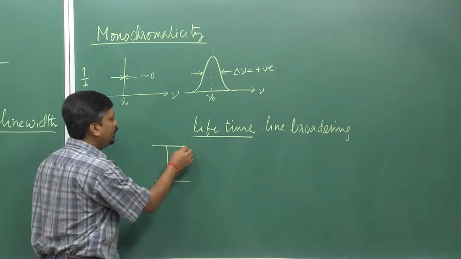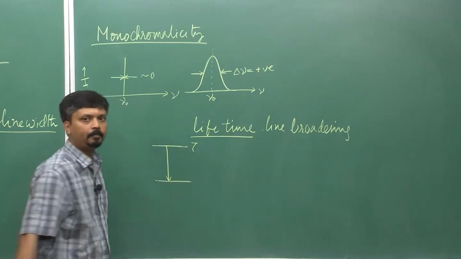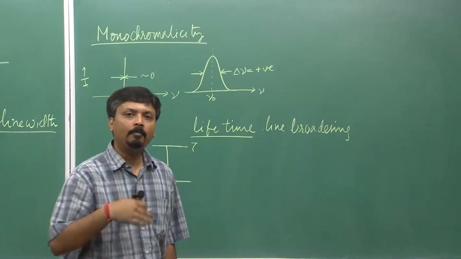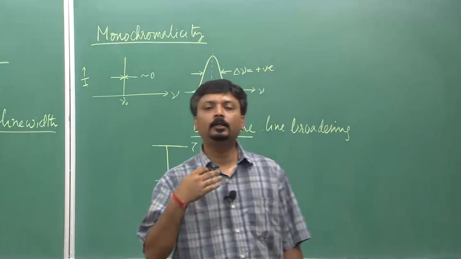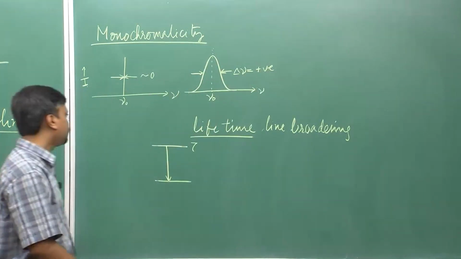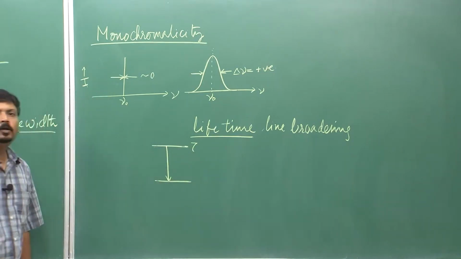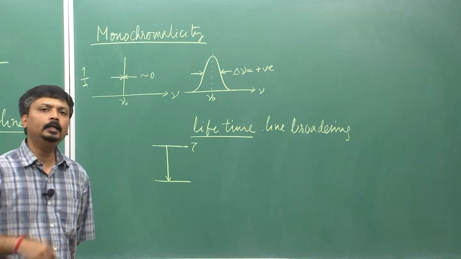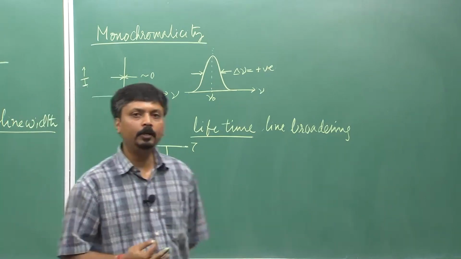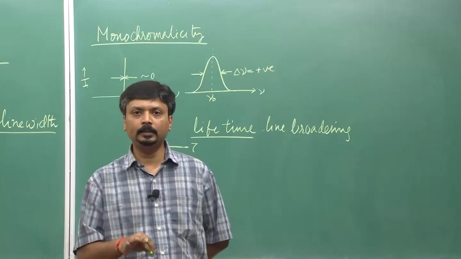Why? Because this state has a definite lifetime. If you have heard about the Heisenberg uncertainty principle, you can understand that this incorporates uncertainty in measuring the frequency, because frequency and time are related by the uncertainty principle.